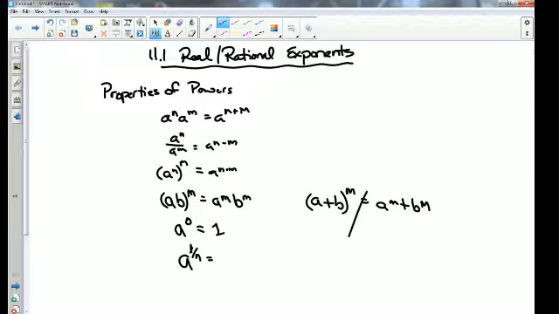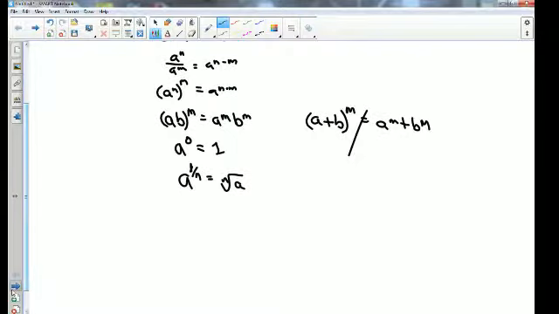That is the same thing as the nth root of A. And for the negative, it's 1 over a. So if you want an example here, 4 to the 1/2 power is the same as the square root, because we don't write the 2 there, right? Of 4, which is 2.